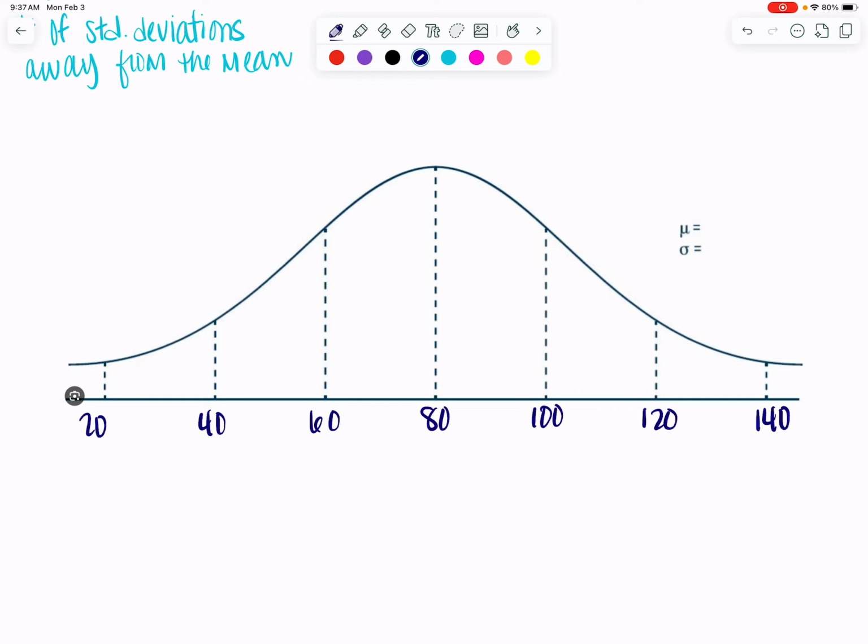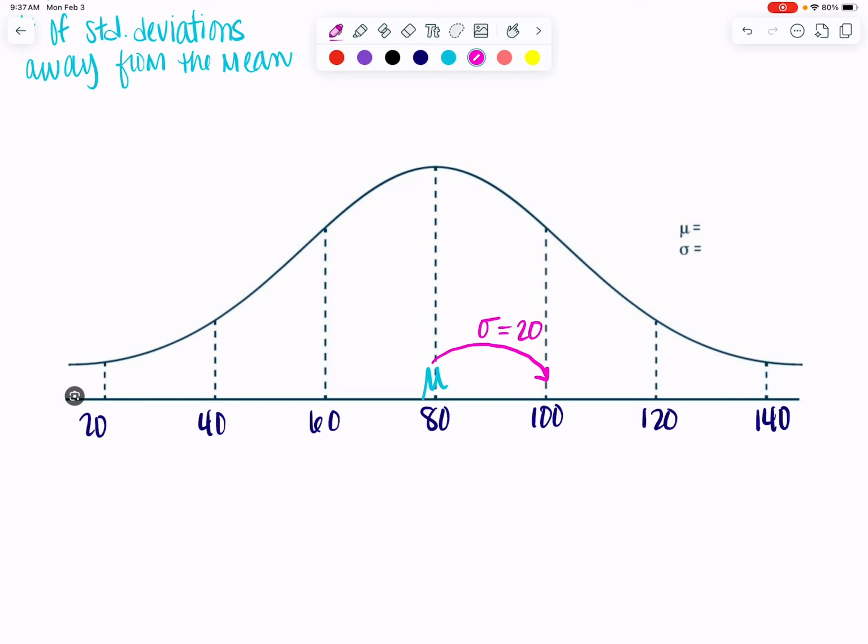So, first thing I do when I see these is I write all over it. I don't even look at the numbers first. I label what I know. I know mu is in the middle. I know one jump to the right is a standard deviation. I know that the distance from 80 to 100 is 20.